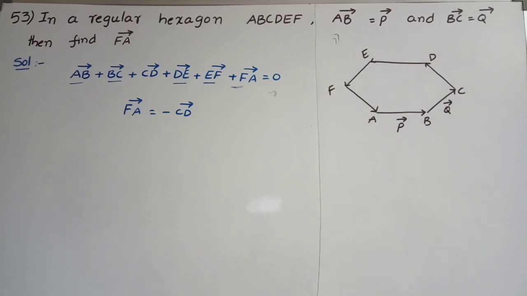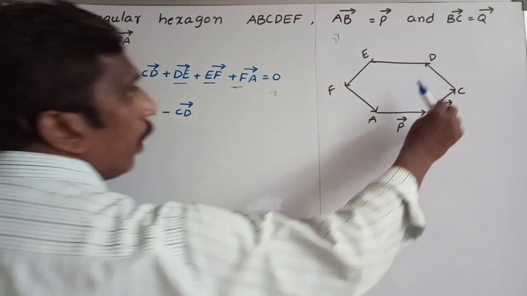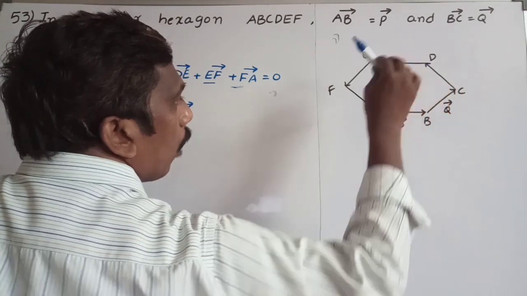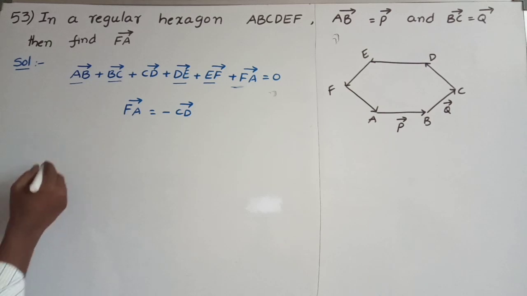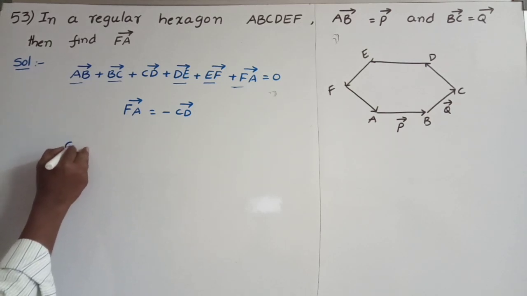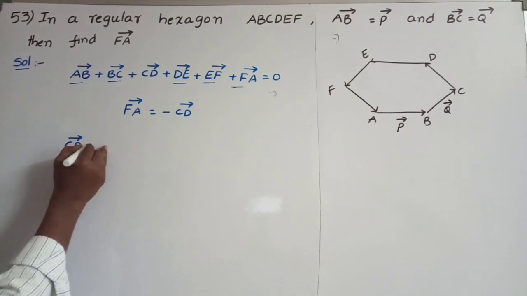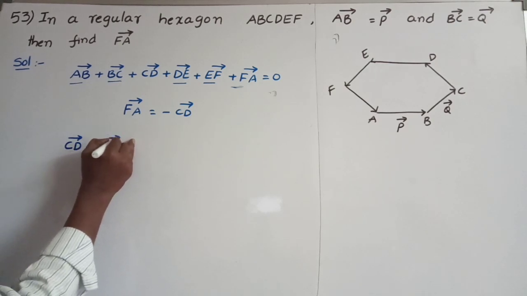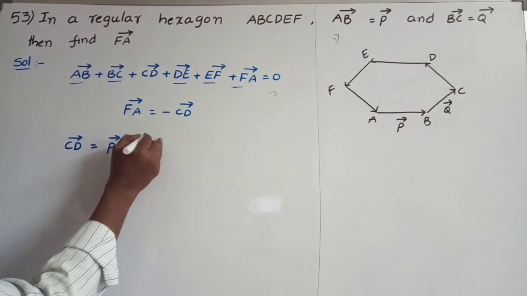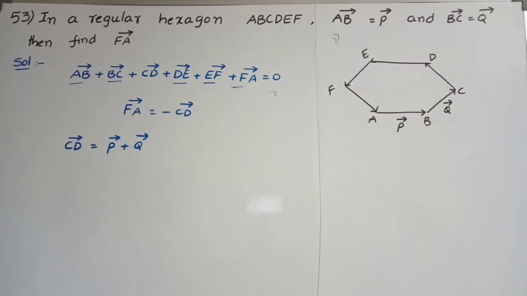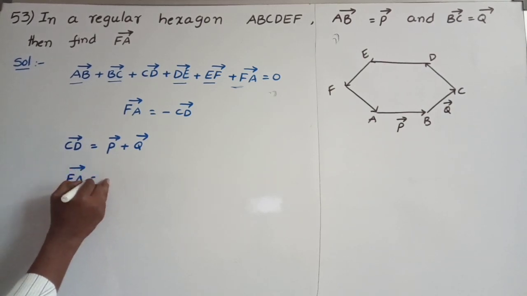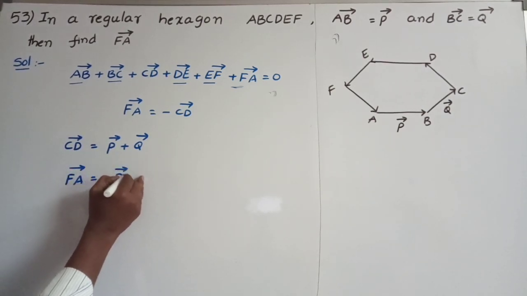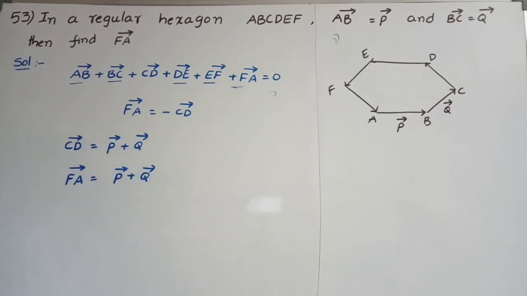Both are in opposite directions. Sliding this vector parallel to itself up to here, CD bar is the resultant of both vectors, that is P bar plus Q bar. So FA bar is also the resultant of the two vectors P bar and Q bar.